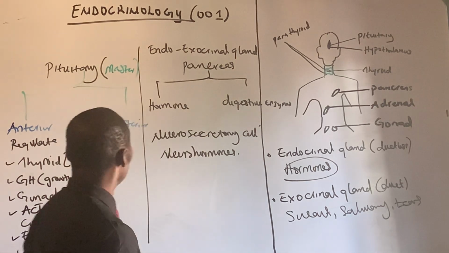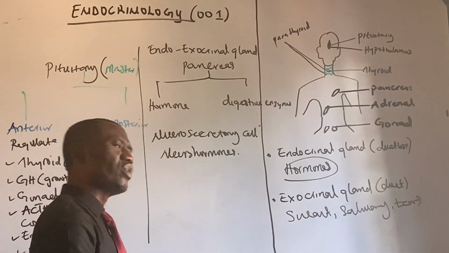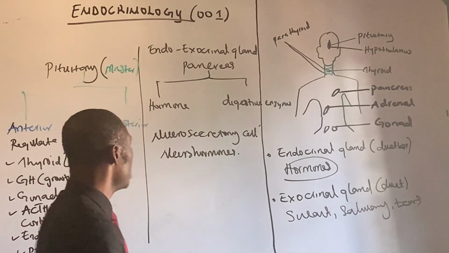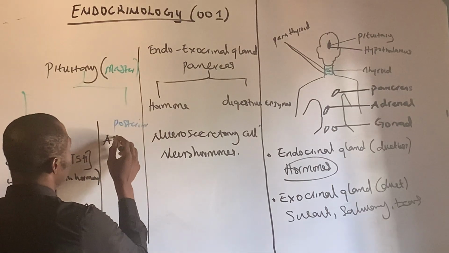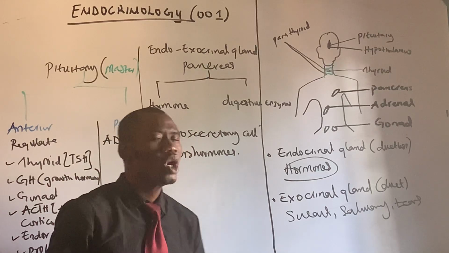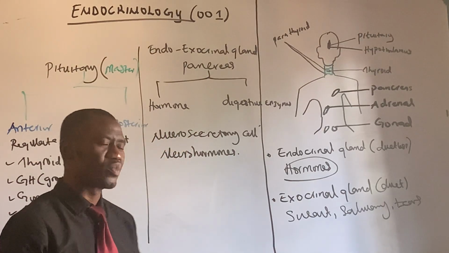All right. Now, the posterior end of the pituitary gland secretes hormones like ADH, which is the antidiuretic hormone, also known as vasopressin.